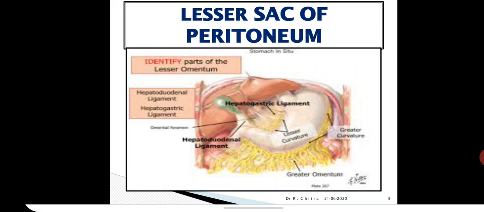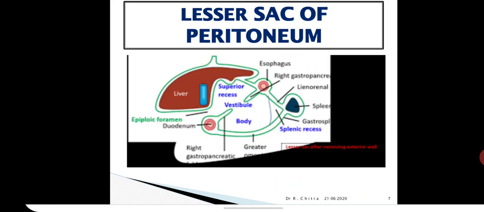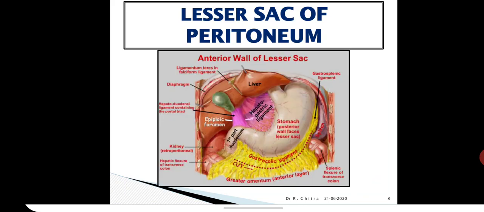So in this image, we will see the right margin and the left margin. Below the transverse colon, just see from below upwards on the right side, the right margin corresponds with the right free margin of the greater omentum.